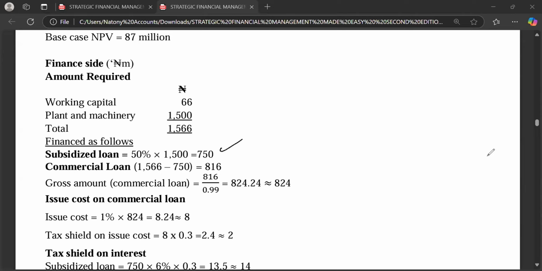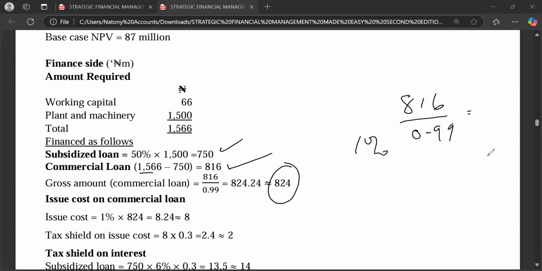So the balance will be financed by what? A commercial loan. So 750 minus the total amount, the balance is now what? 816. And this commercial loan has an issue cost of what? 1%. So the gross amount to be raised via commercial loan will be 816 all over 0.99. So that gives approximately 824.